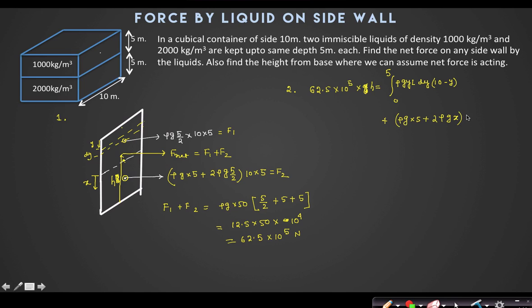Then the force is 10 into dx, multiplied by the distance from the base, which is 5 minus x. This integration is from x equal to 0 to 5. Instead of L, you can take 10.